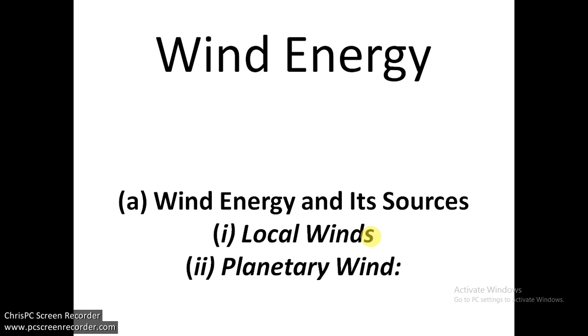The flow of wind occurs over the surface of the earth only. That's why it is termed planetary wind, and the working and mode of operation of this type of wind is also the same.